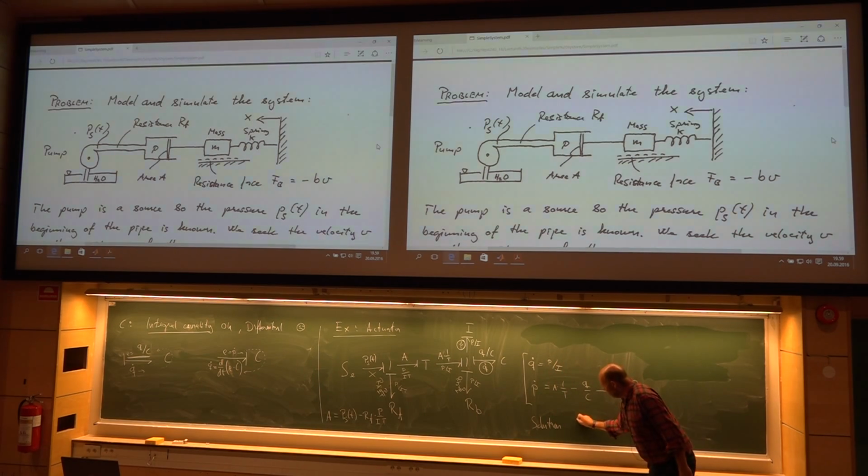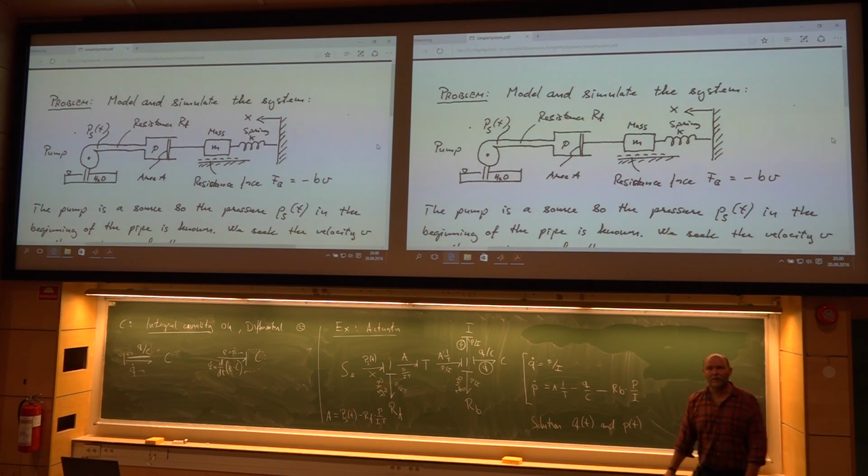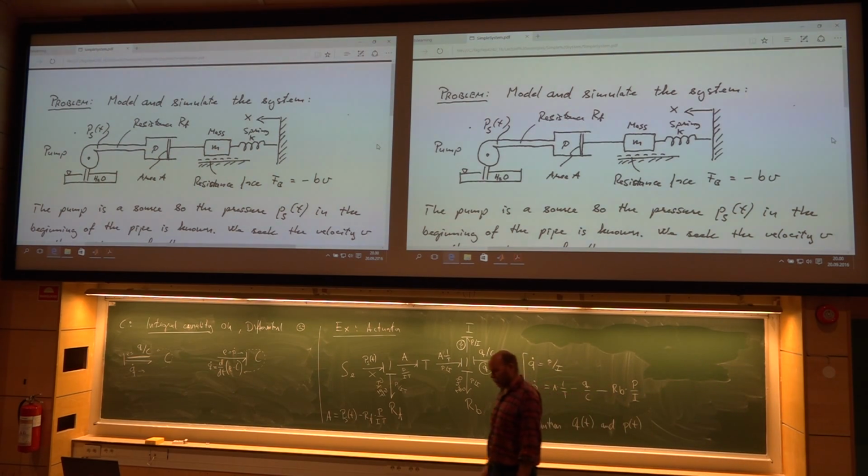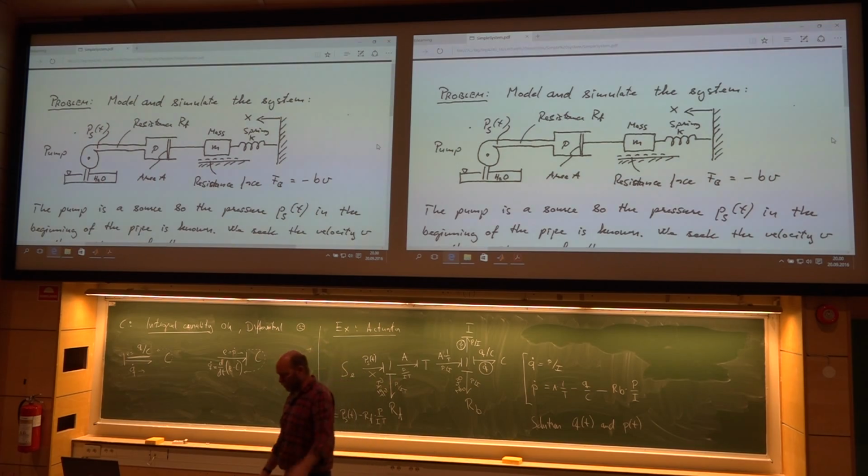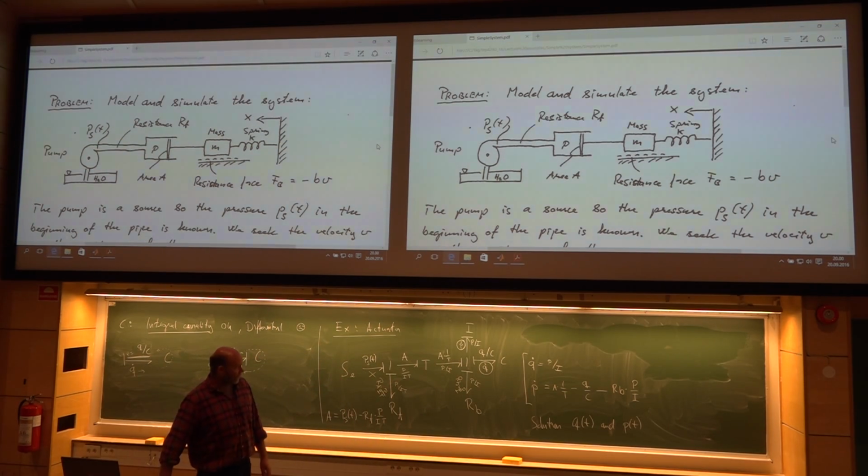It will now be a Q as a function of T and P as a function of T. And then finally you ask yourself, what have I found? I found a generic variable Q and a generic variable P. What are they? Back to the problem.